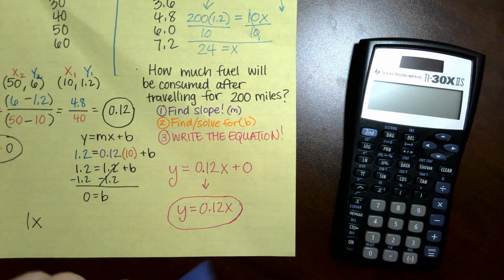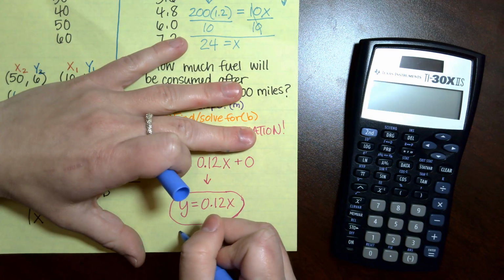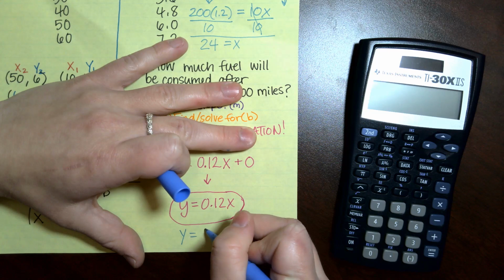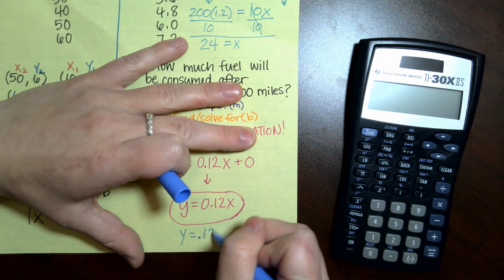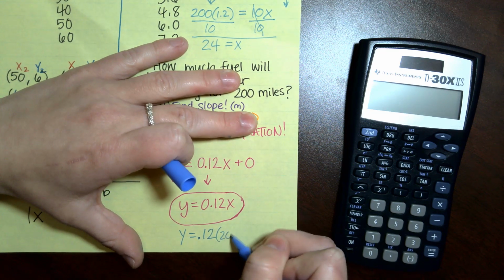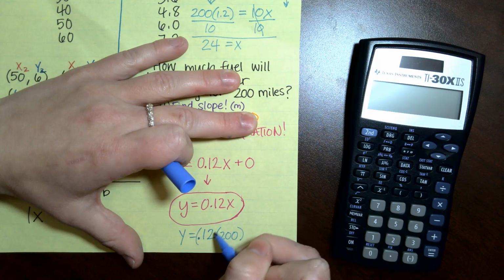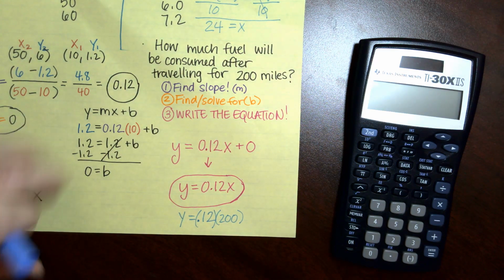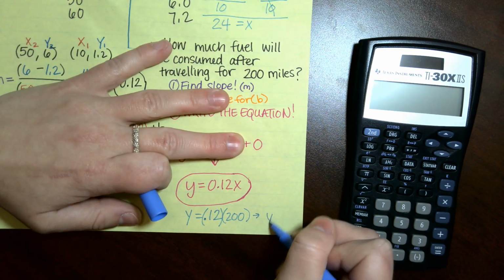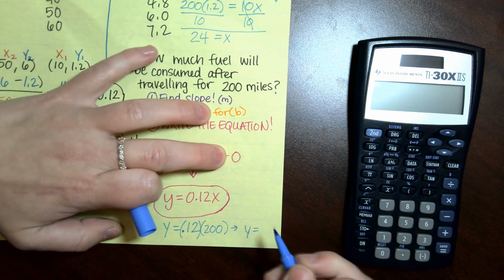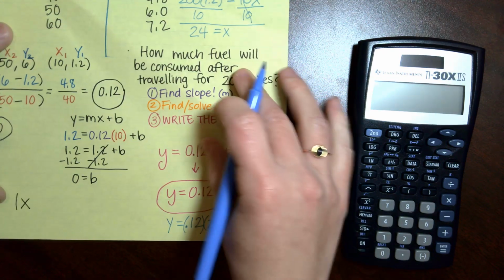All you would do is, I'll say Y equals 0.12 times 200. And you're going to end up with Y equals 24. Or, wait a minute. X.